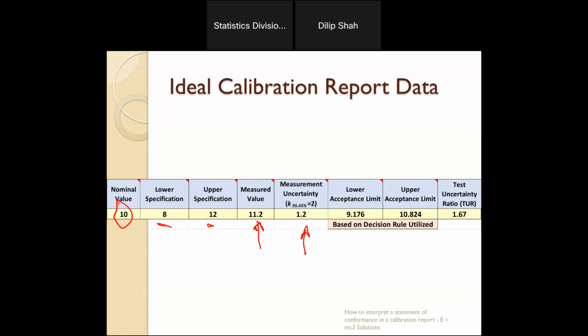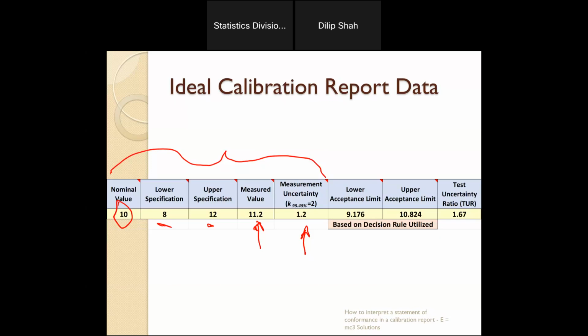These are the most important things, and by requirement, a laboratory that's accredited to ISO IEC 17025 is supposed to provide you the measurement result and the associated uncertainty.